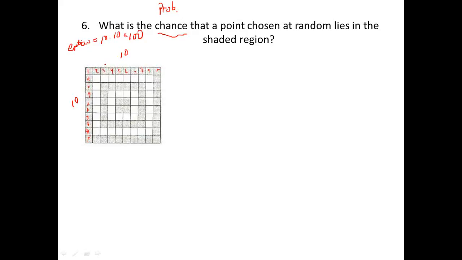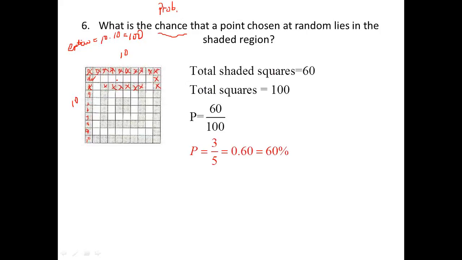Now I've got to count all those shaded ones. 1, 2, 3, 4, 5, 6, 8, 9, 10, 11, 12, 13, 14, 15, 16, 17, 18, 19, 20, and keep on, etc. Don't want to feel like it's a first grade class or a kindergarten class where we're counting, but that is the hard part, making sure you count, but don't recount anybody. And when you do that, you find that there are 60 squares shaded.